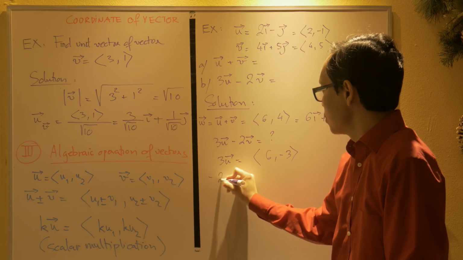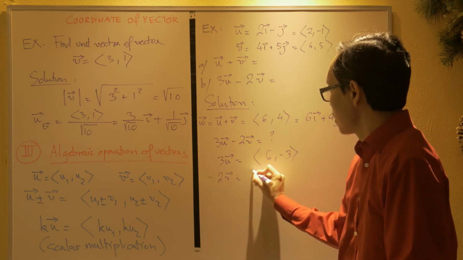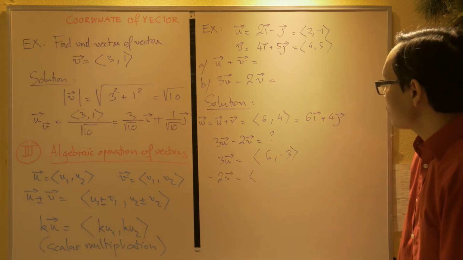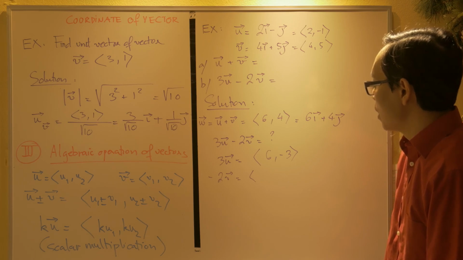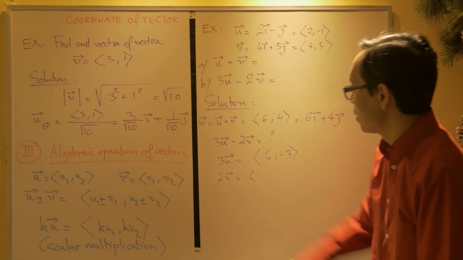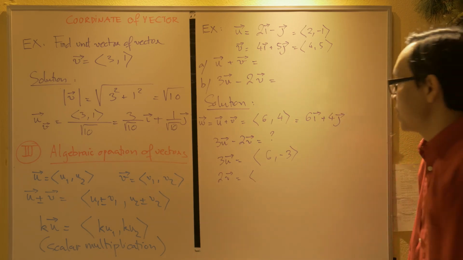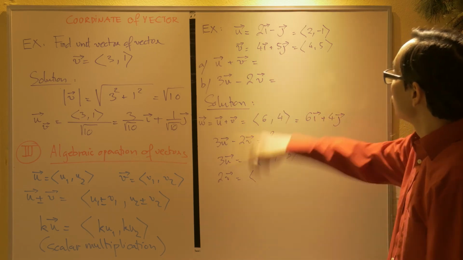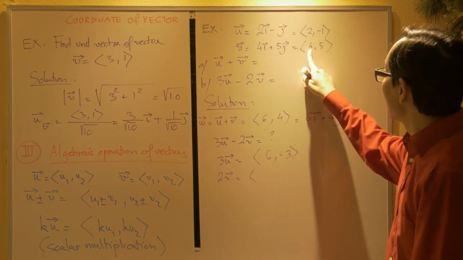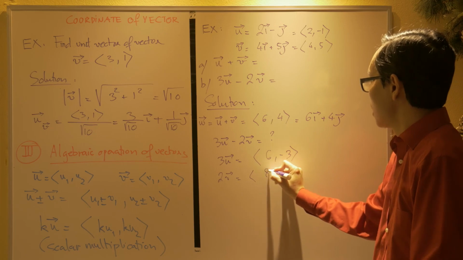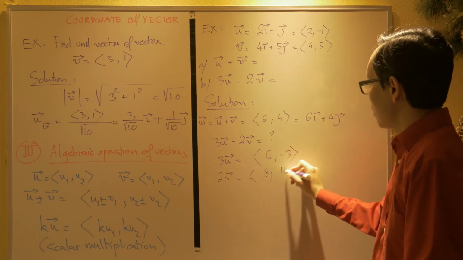And minus 2v. You just need to do 2v first, then later we subtract them from each other. So 2v: 2 times 4 is 8, and 2 times 5 is 10.